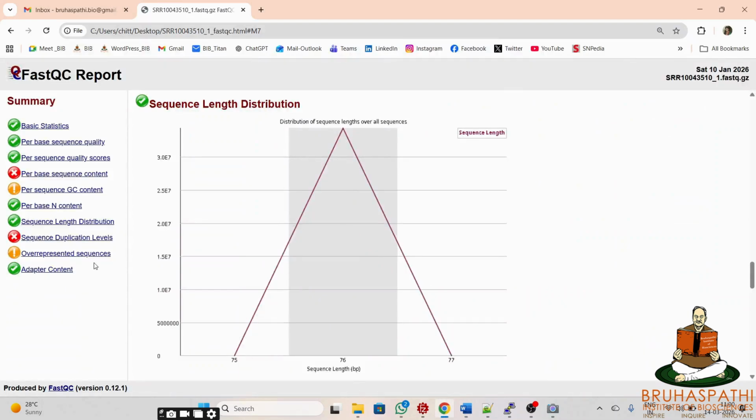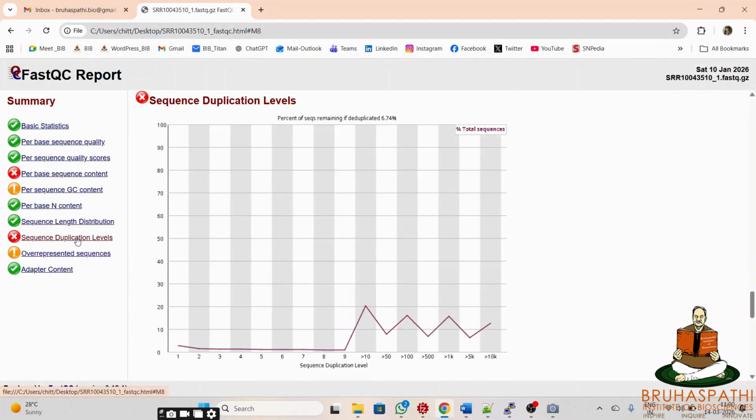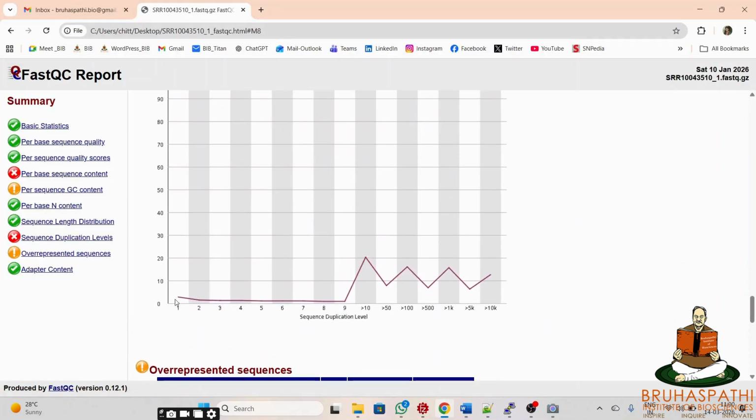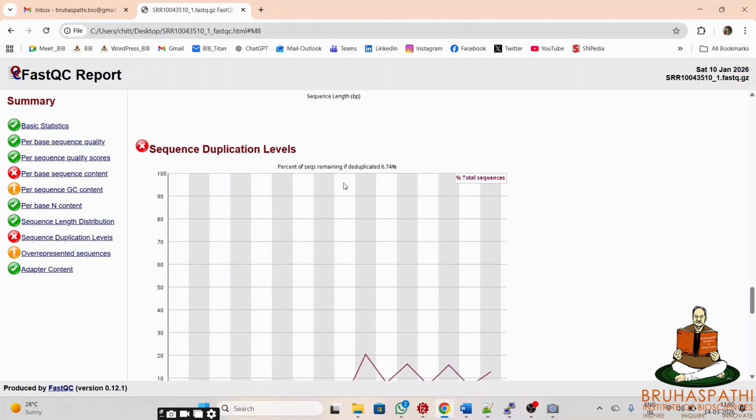Now, this is a bad graph showing duplication level, and here it gives you some statistics. If the duplicated sequences are removed, only 6.74% of the sequences are retained. It means it's very bad data.